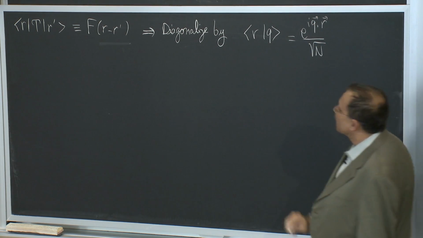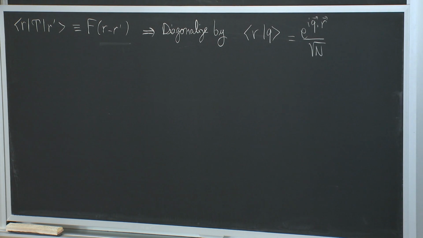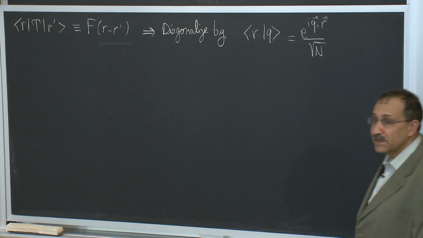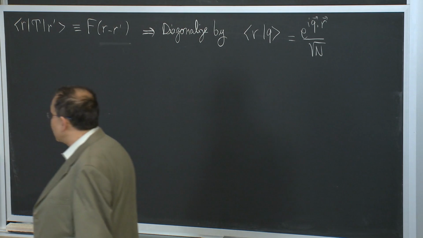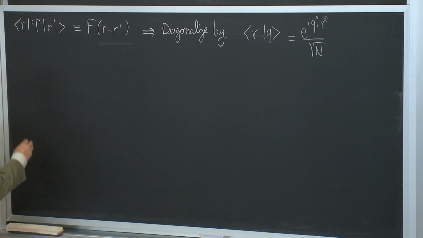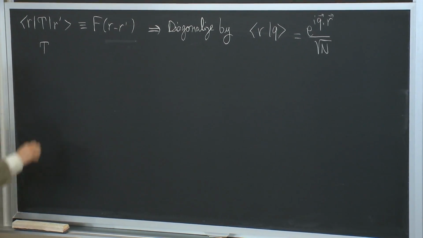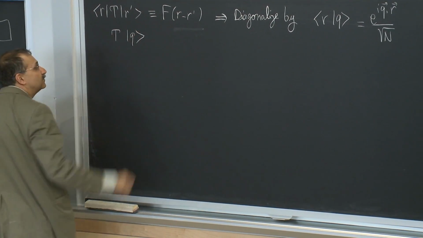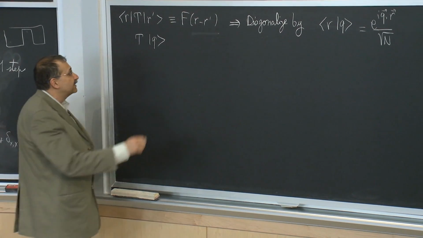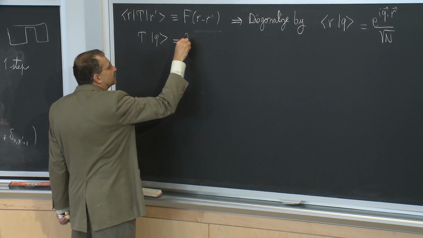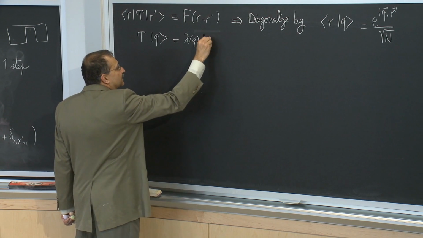Let's normalize it by square root of n. And I should be sure that that is an eigenvector. So basically, my statement is that if I take the matrix T, act on Q, then I should get some eigenvalue and the vector back.